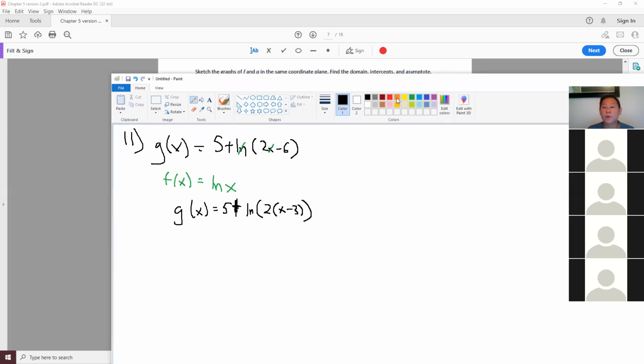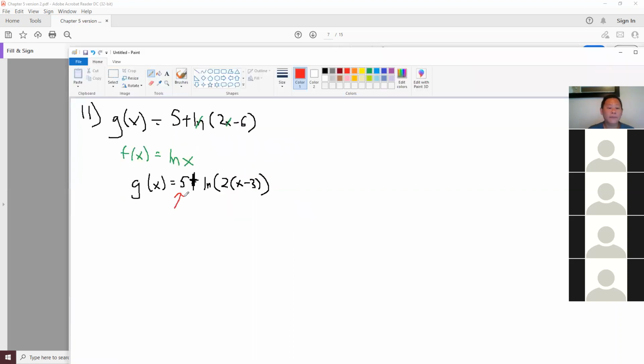So we got a few transformations here. We got the 5, we got the 2, and we got the minus 3. Can someone tell me which one we should do first? What transformations do we have here?